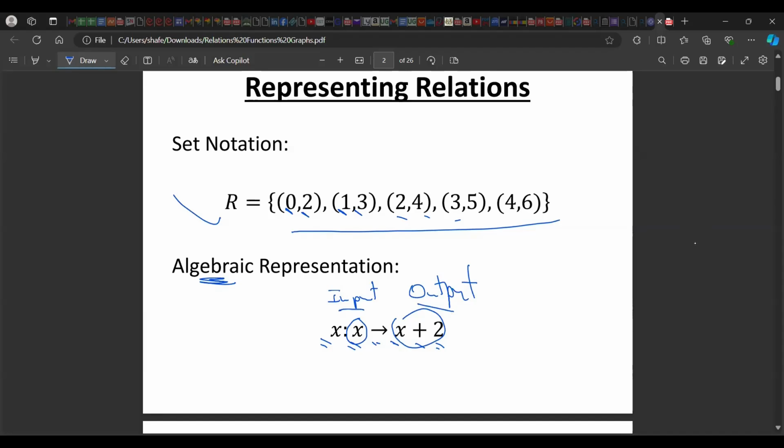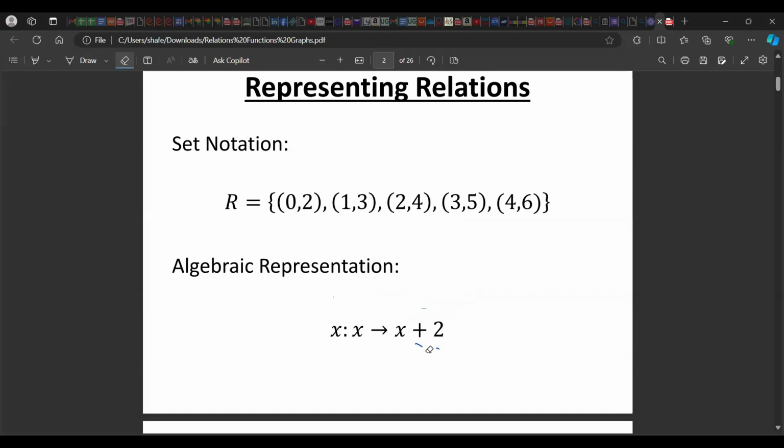Do you follow that? So we can use either the set notation, or we can use some algebra.